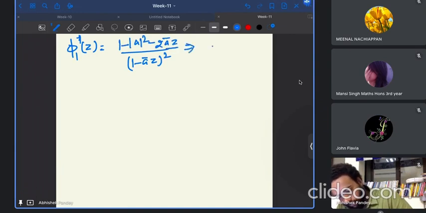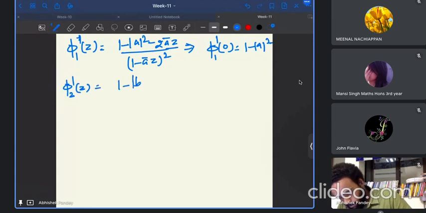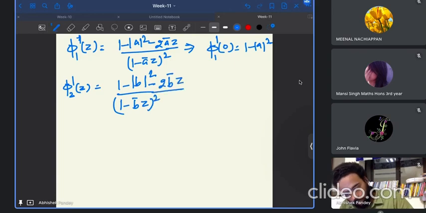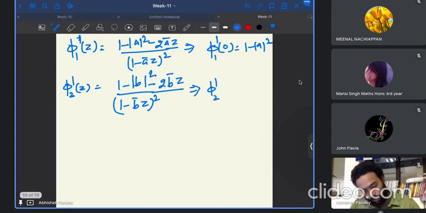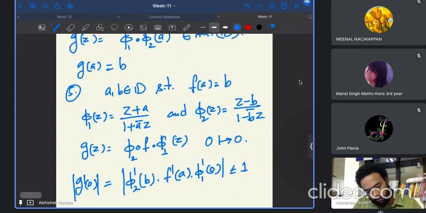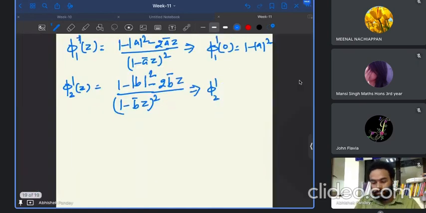This implies phi 1 dash of 0 is 1 minus mod a square, and phi 2 dash of z is (1 minus mod b square) upon (1 minus b bar z) square. This implies we need to calculate phi 2 dash of b.